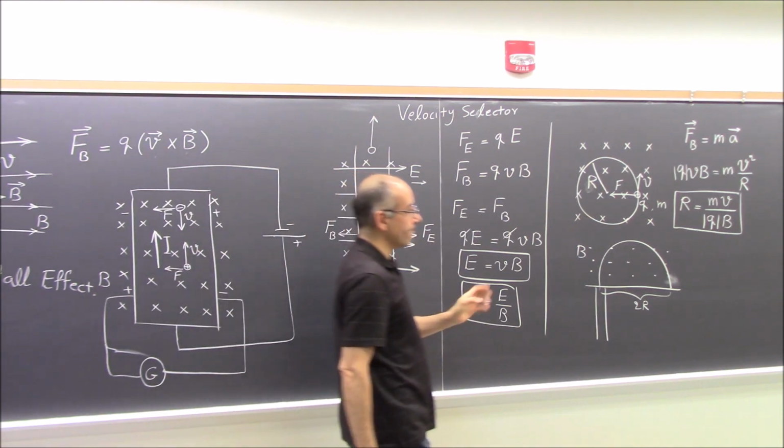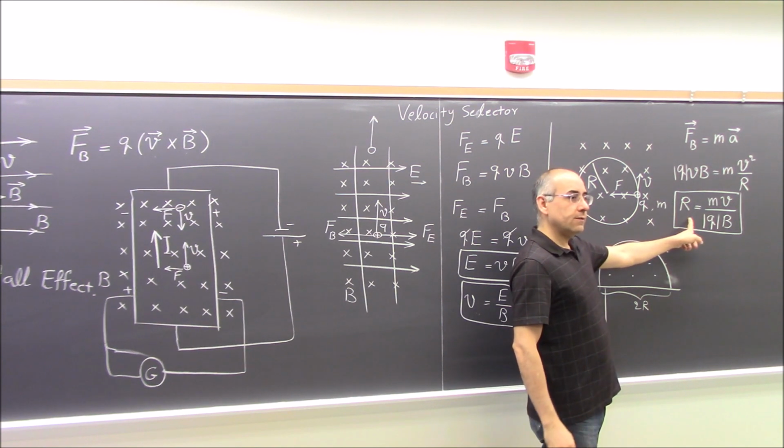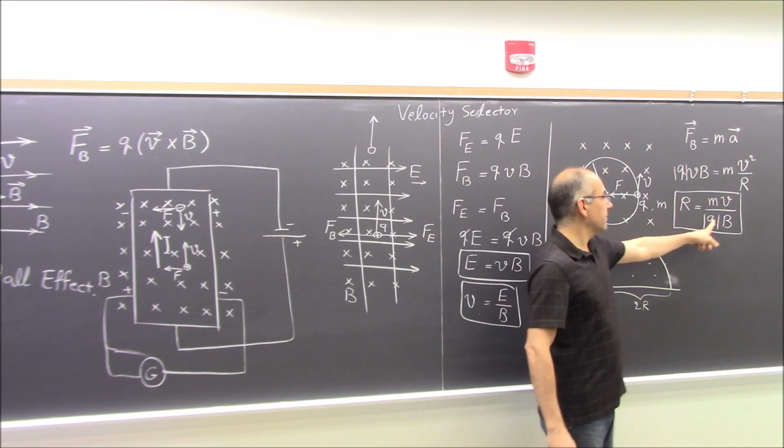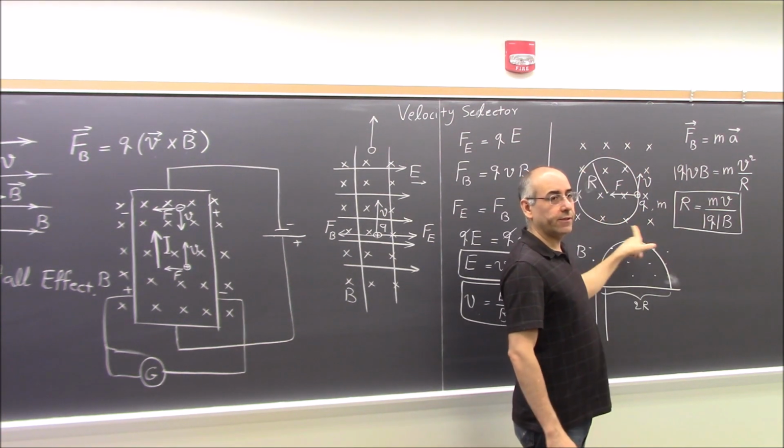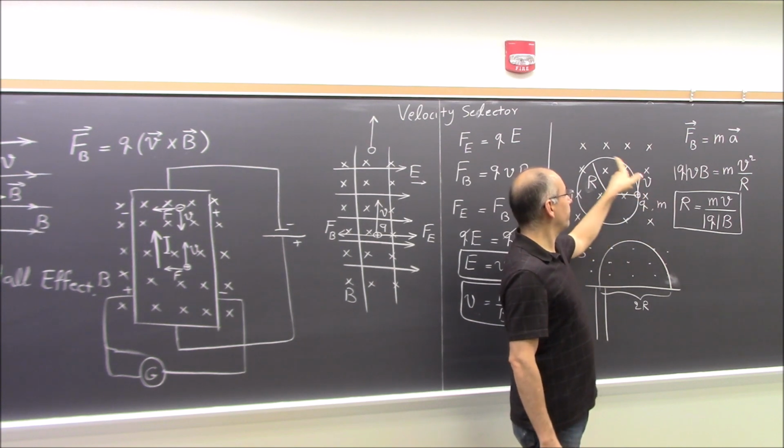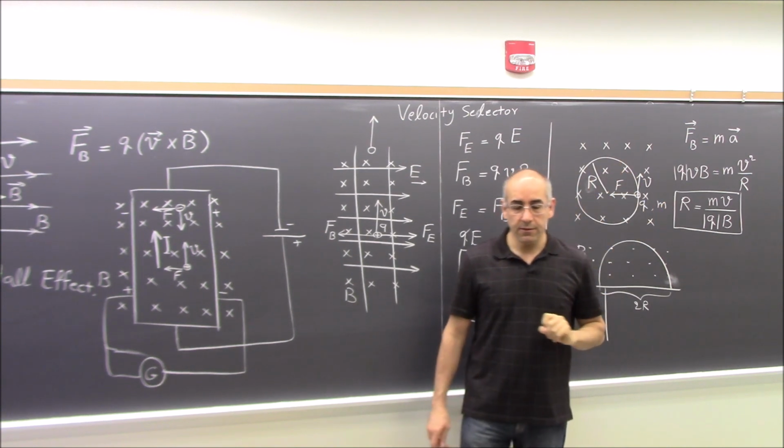Another thing is that this radius, because it is depending on V, it has a certain property. What is the period or frequency of motion on this circle?